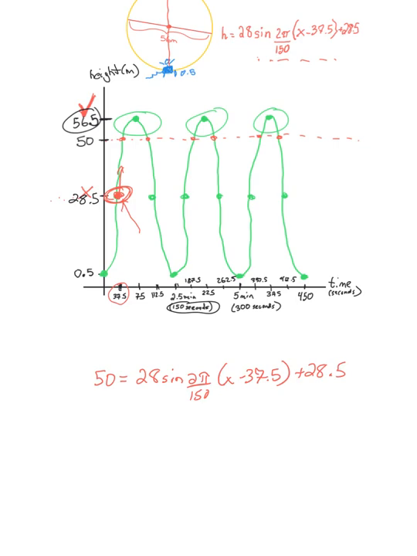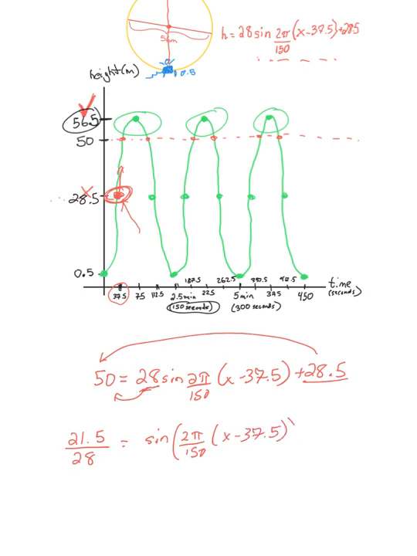You get 21.5. And divide both sides by 28, right, because of this. So we're going to subtract the 28.5, and then we're going to divide by 28, and that is equal to sine of 2 pi over 150 times x minus 37.5.